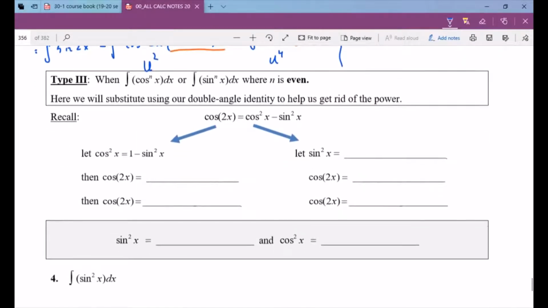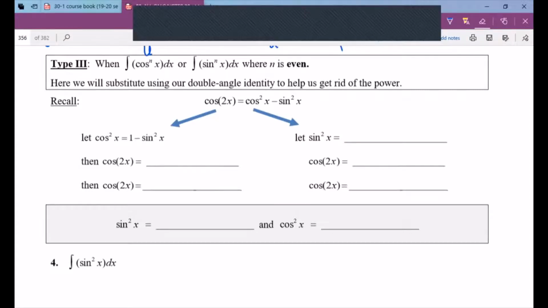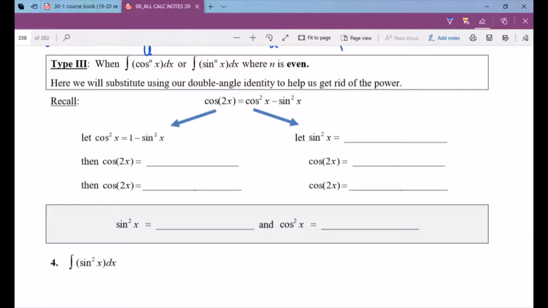Type 3. So if we have a derivative that's just in cos or just in sine, and where n is even, so using our trig identities from last semester, from the double angle identities, one of the double angle identities for cosine was cos squared minus sine squared.